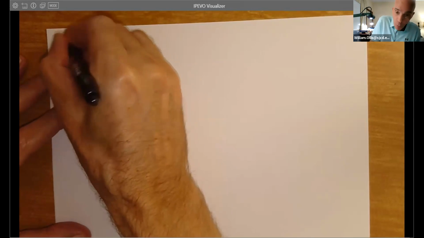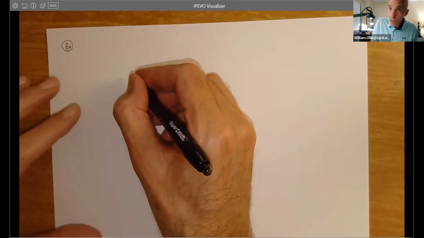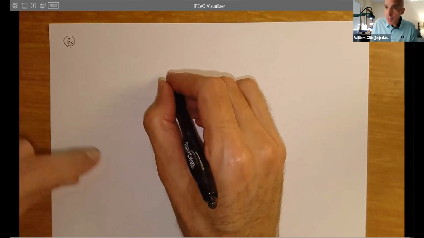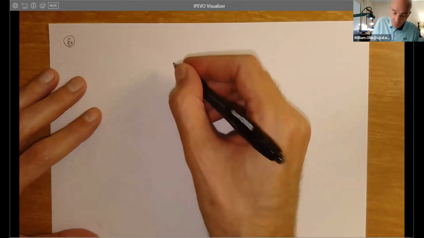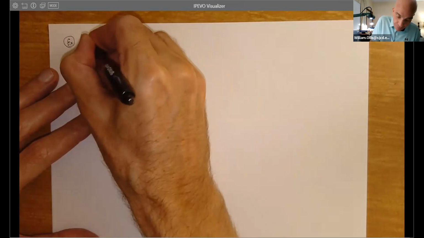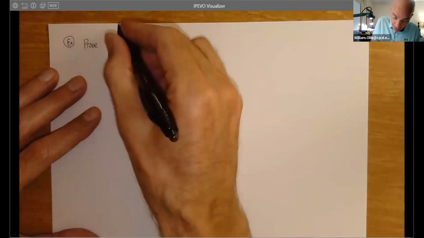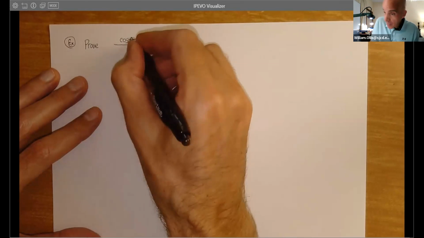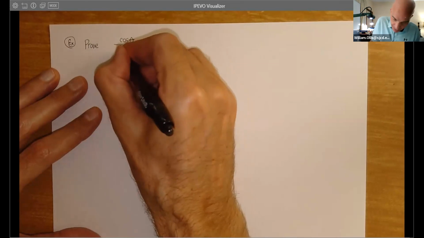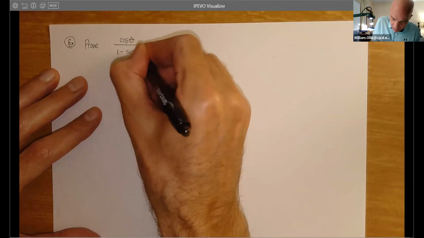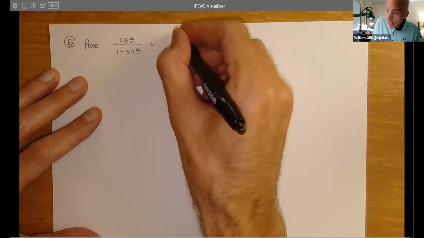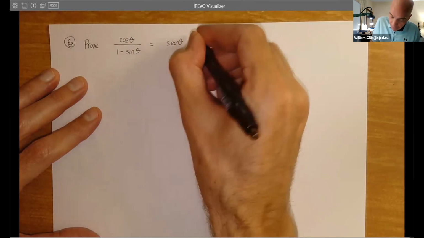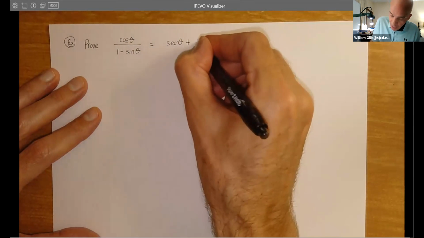So now let's do one more before we do an actual trig substitution, which will be kind of an intro to a technique that you're going to use all of this trig in when you take Cal 2. So let's prove that cosine theta divided by 1 minus sine theta equals secant theta plus tangent theta.